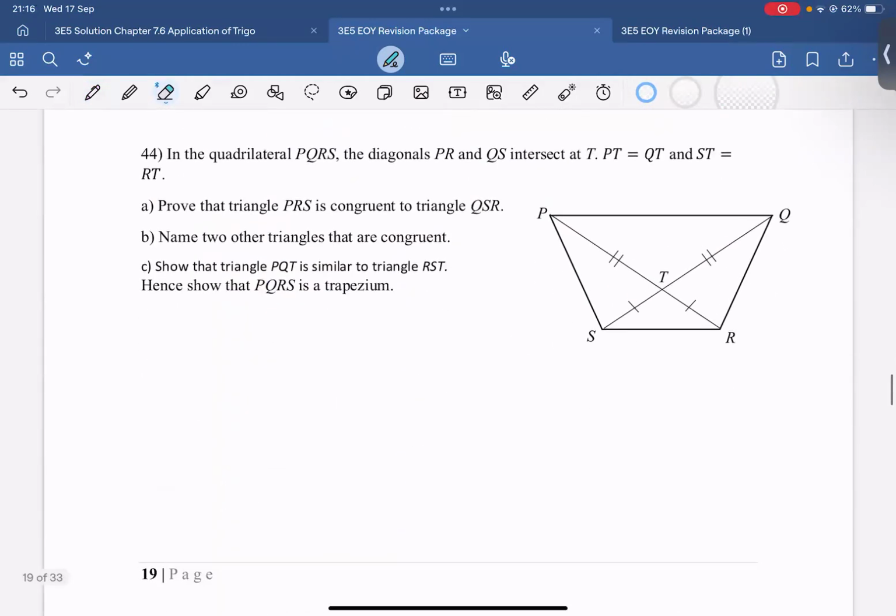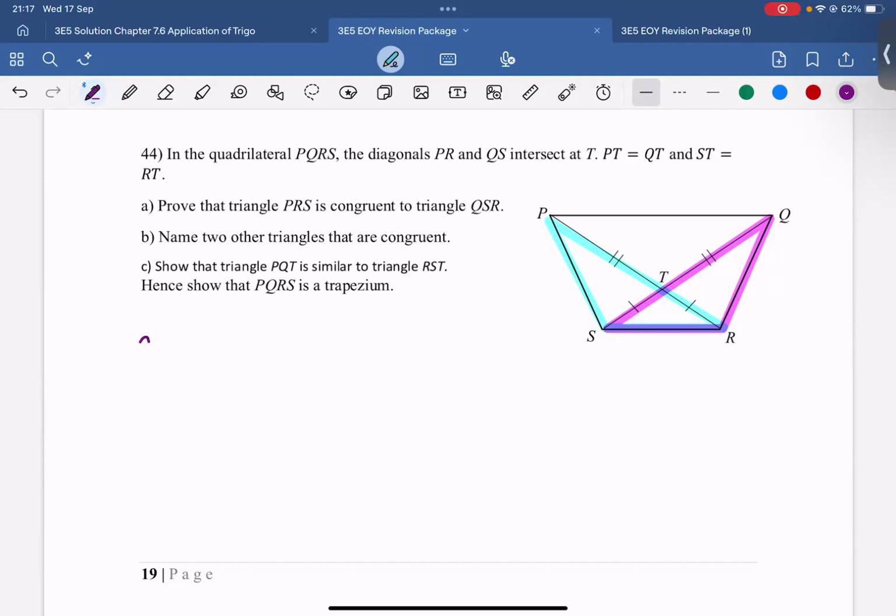In a quadrilateral, prove that PRS is congruent to QSR. How to show? Of course, use what they give first. You cannot use PT equals QT directly.